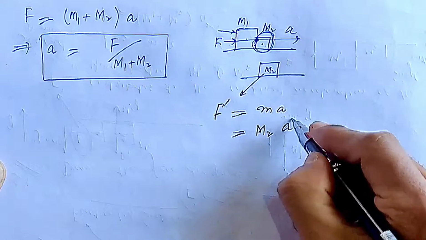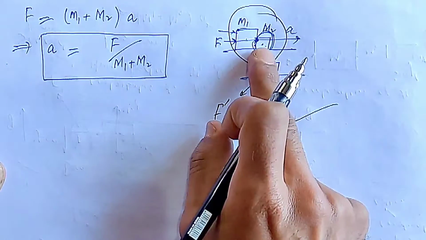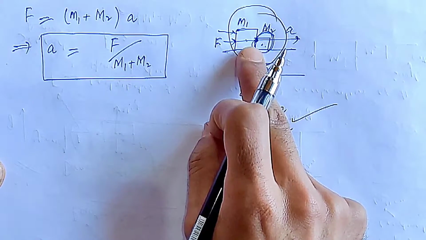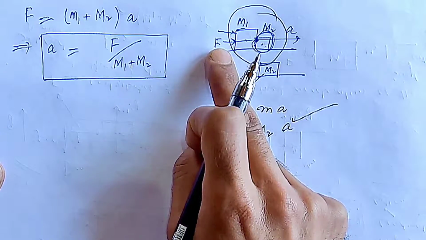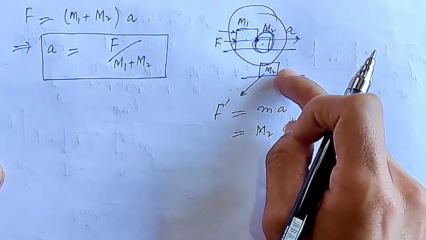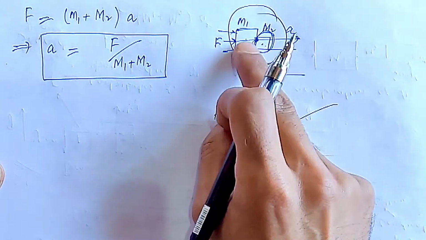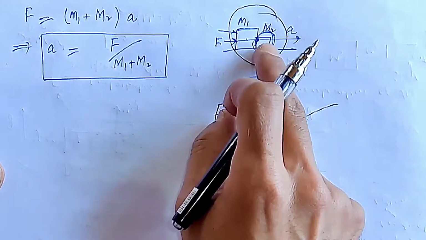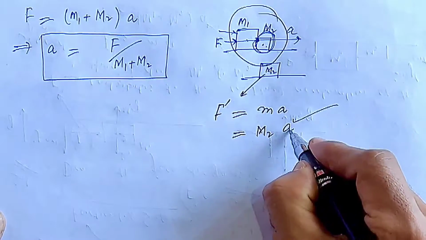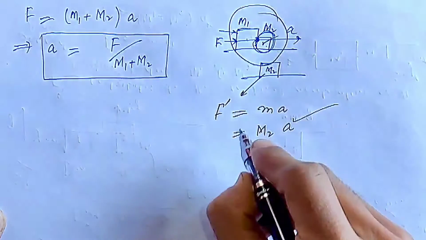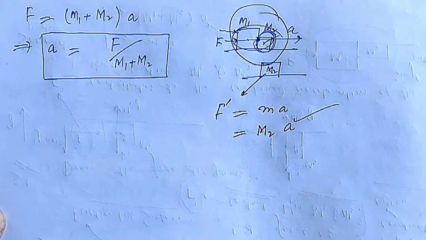This acceleration is the same for both bodies, because the two bodies move in combination due to the force F. So this body M2 will be moving with the same acceleration as the two bodies, because they are set in motion in a combined state. So this acceleration is the same as that of the whole of the two bodies as a system.